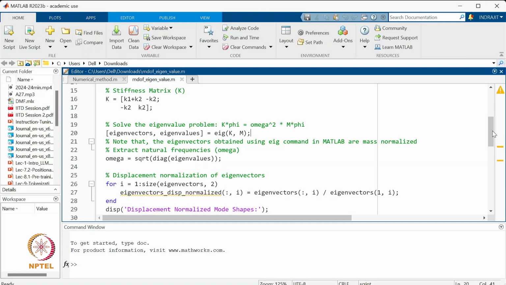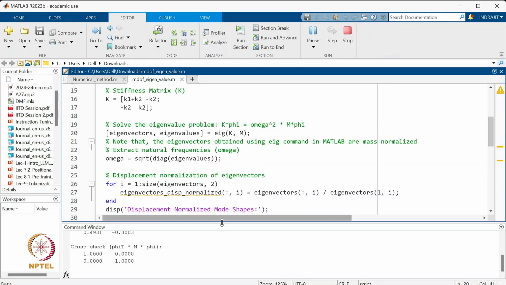So we have to calculate the lambda from that. Omega equals square root of eigenvalue lambda, for i equal to 1 to the size, then eigenvector displacement normalized. So that will give this.